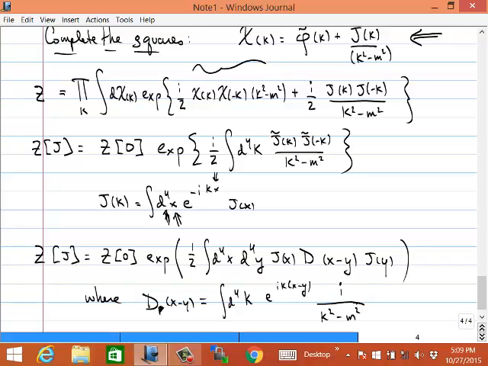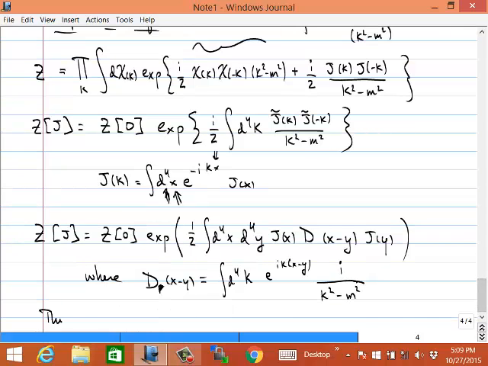Okay, magic, we've derived the Feynman propagator. So this is the Feynman propagator.